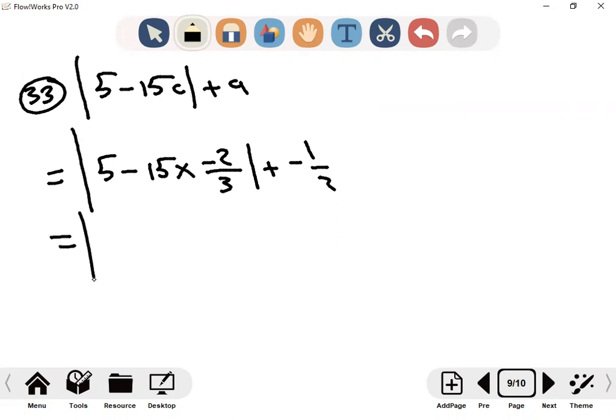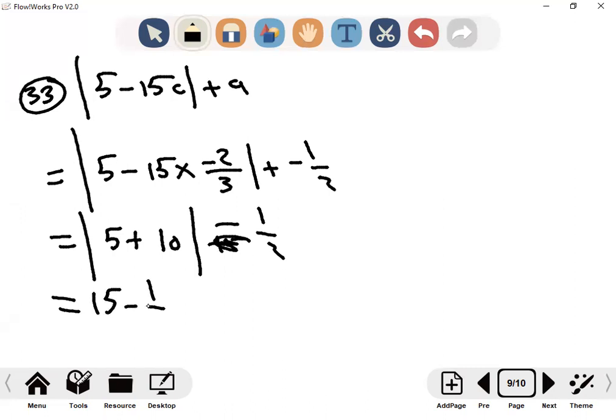This is equal to 5 minus, focus with me. Now minus multiplied by minus is plus, 15 times 2, 30, divided by 3, 10. All plus minus half. Plus minus means minus half. Now 5 plus 10, 15. Absolute value of 15, 15. Minus half, 14 and half, or 14.5. You can write it like this. You can write it next time.